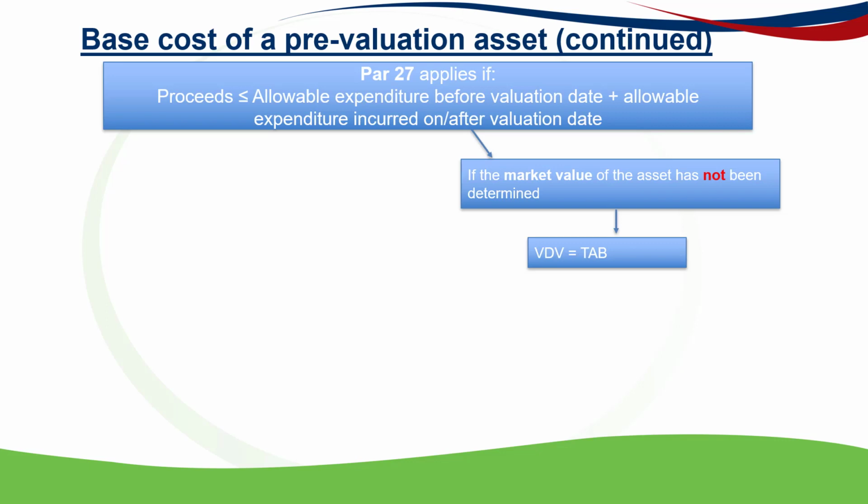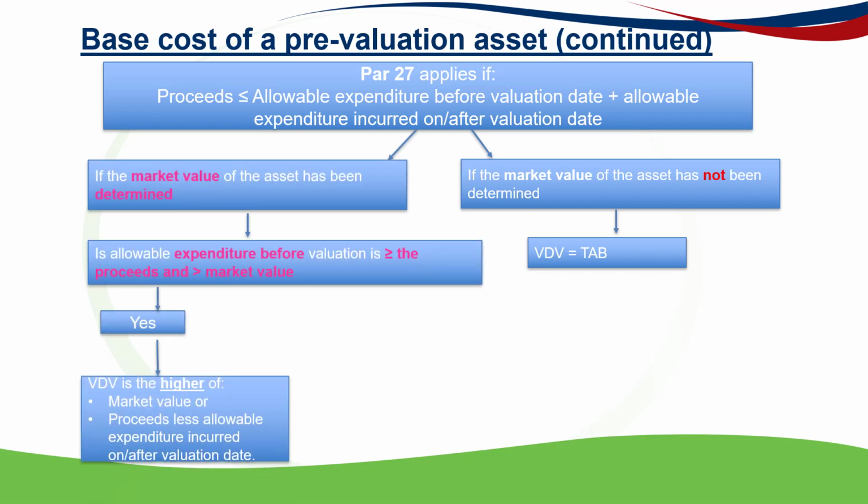That's it, right? If the market value can be determined, then the taxpayer needs to look at their allowable expenditure before valuation date. If the allowable expenditure before valuation date is more or equal to the proceeds and is also more than the market value, then the valuation date value is the higher of the market value or the proceeds less allowable expenditure incurred on or after valuation date.